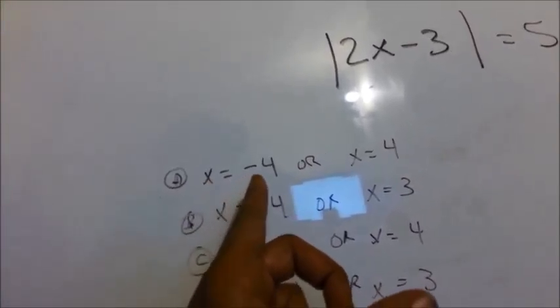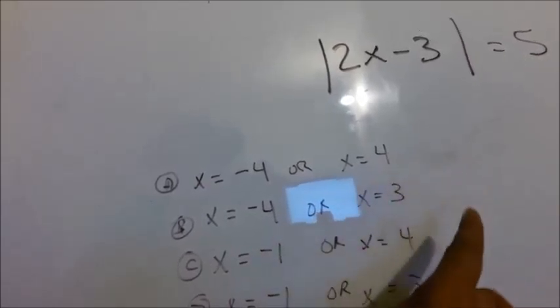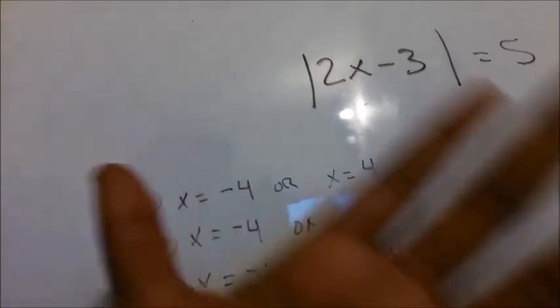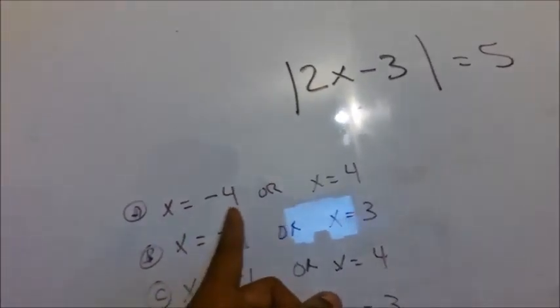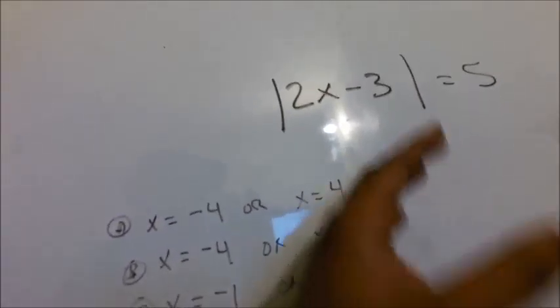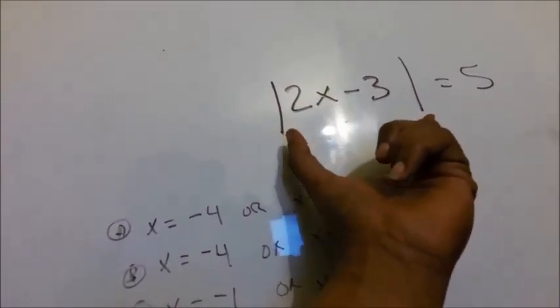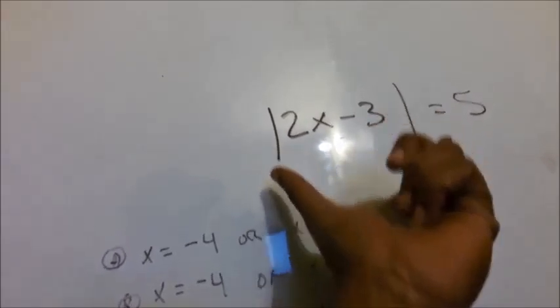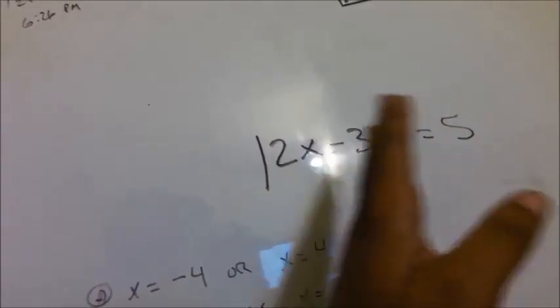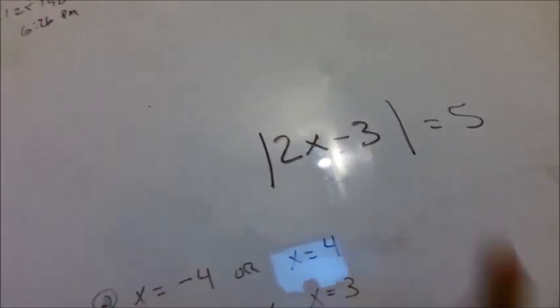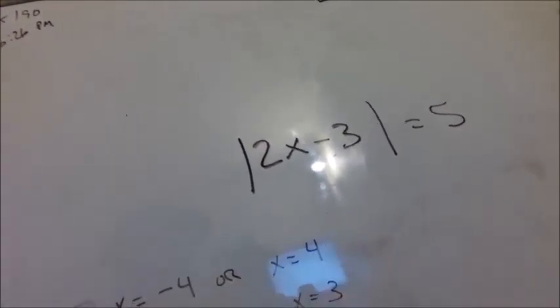Answer A is x is equal to negative 4 or x is equal to 4. So these are possibilities. If we plugged in negative 4 into x, would we get 5 or negative 5? Because we could get 5 or negative 5, and like I said before, within the container of the absolute value symbol, negative 5 equals 5 and 5 equals 5, because it just deals with movement or distance of units.